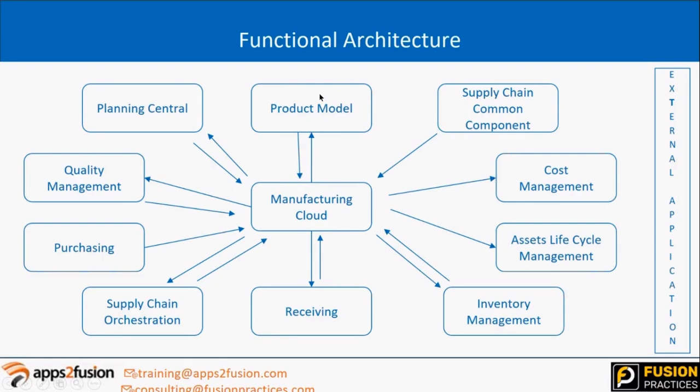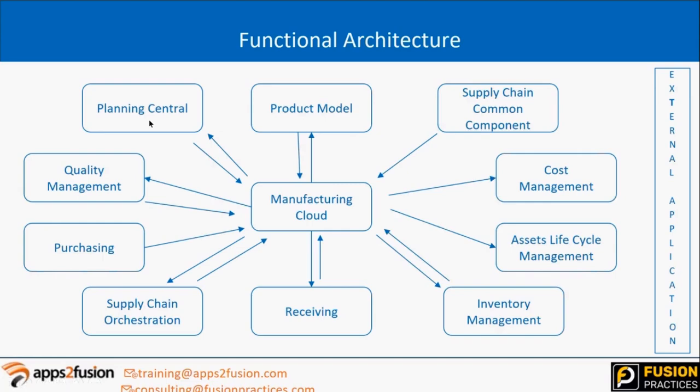Okay. And that's why I'm just going to cover every box so that you know what capabilities that box brings in. So these are all products of Oracle. So this is called Product Information Management Cloud. This is called Planning Central Cloud, Purchasing Cloud. And this is the Planning Central.